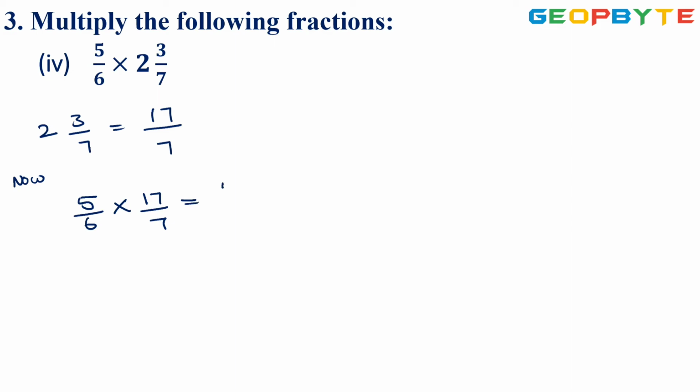by the rule of multiplication of a fraction, product of numerators. Product of numerators 5 into 17 by product of denominators 6 into 7, which is equal to 5 17s are 85 by 6 7s are 42, which is equal to 85 by 42.